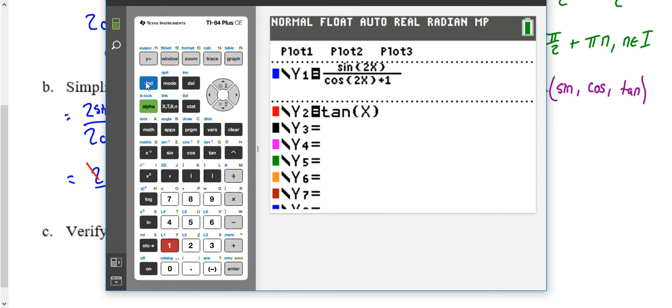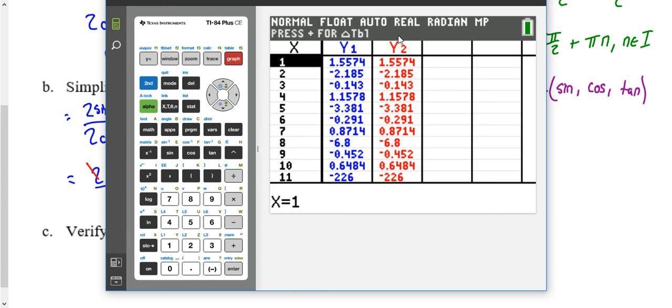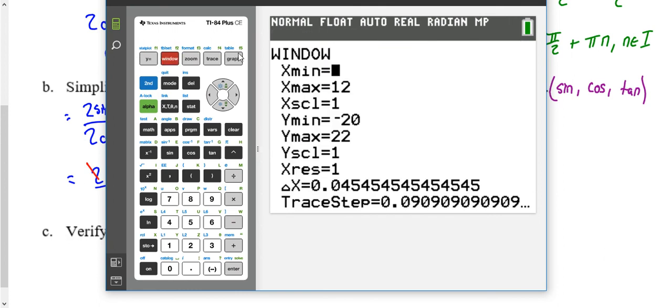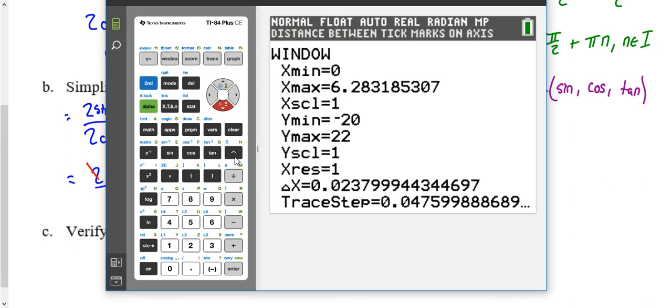What we're looking for are the same values, so second graph brings up a table of values, and if you compare, yes, all our y values are the same across the board. Let's take a look at our window settings. I'm going to change my window setting between 0 and 2 pi, going up by something like pi over 6.